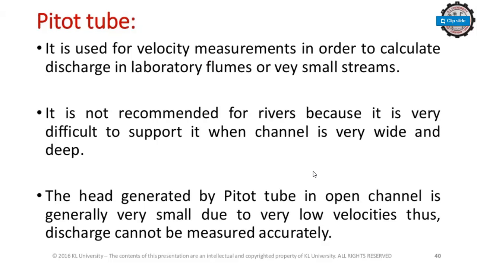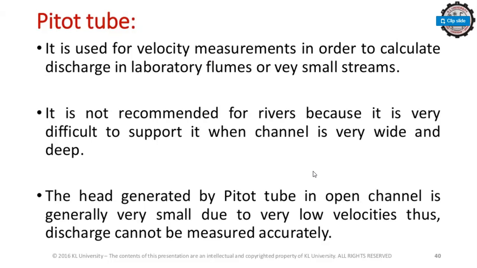Pitot tube. It is used for velocity measurements in order to calculate discharge in laboratory flumes or very small streams. It is not recommended for rivers because it is very difficult to support it when the channel is very wide and deep.